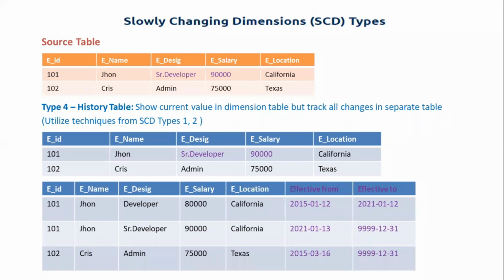We discussed that the disadvantage with type 2 is a performance issue, because the table size will grow over time. Querying a table with huge data is again a performance issue.